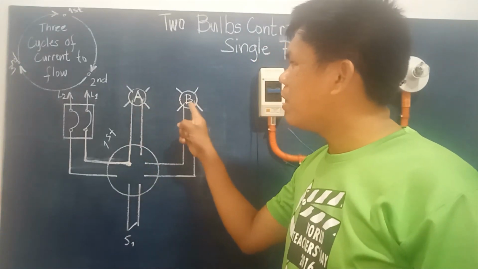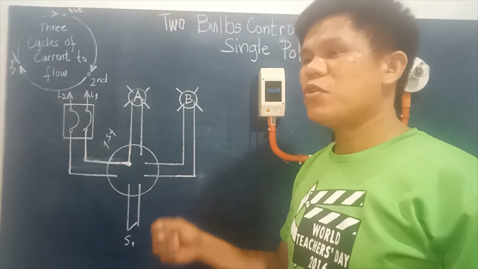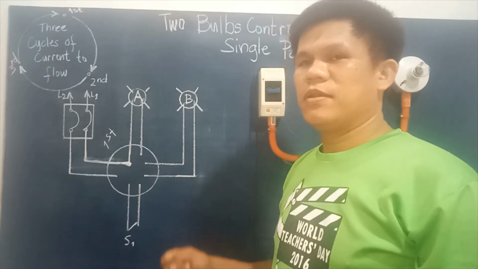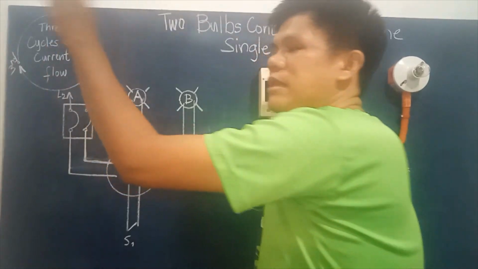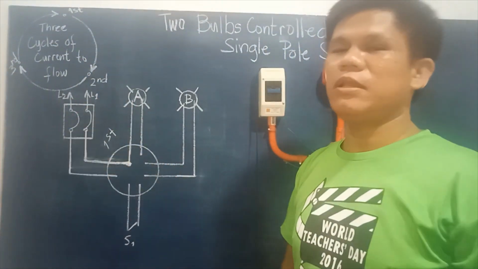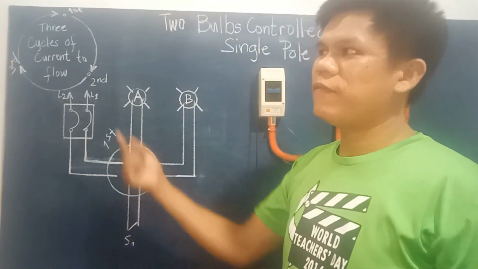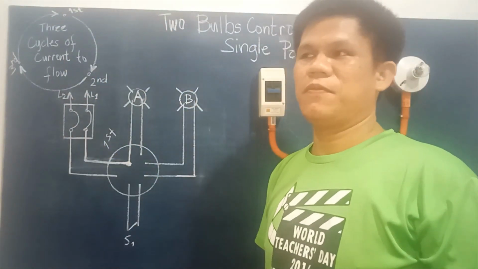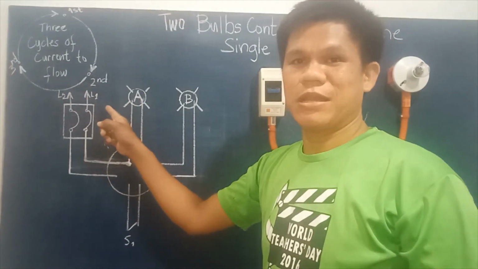Ito po yung mga devices na kumukonsumo ng kuryente sa ating circuit. So, source, of course, yung linya mula doon sa utility or else mula doon sa generator or even galing po sa solar na circuit natin, yun yung tinatawag natin source line.